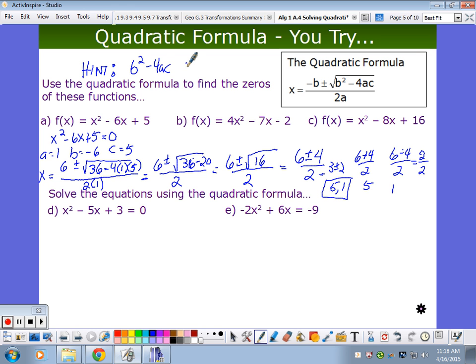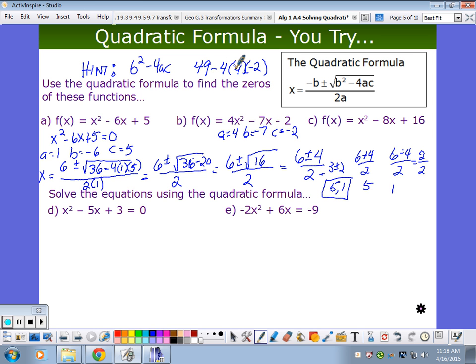For this one, here's A is 4, B is negative 7, and C is negative 2. So if I do B squared minus 4AC, negative 7, and then what's B squared if B is negative 7? Good, positive, right? 49 minus 4 times A times C. So be careful with this one now.